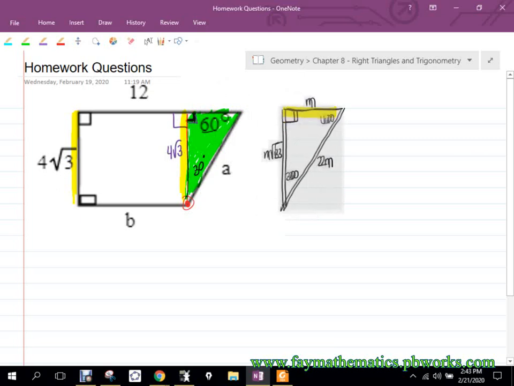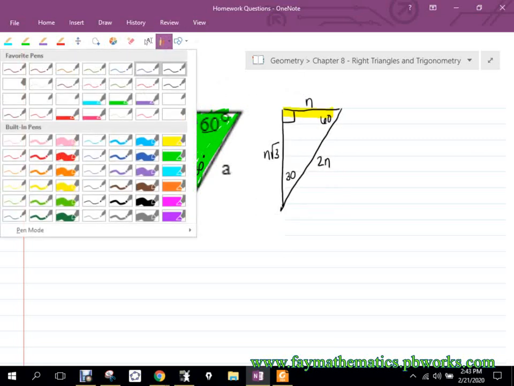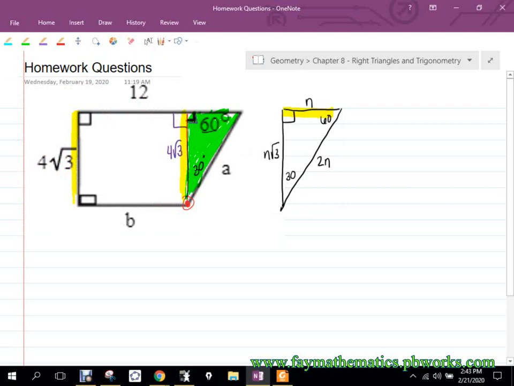So you're drawing pictures and that type of thing is going to be, I think, to be successful, a necessity. But we see that and that match. So if I drew this triangle so that it was congruent to that one, and that means by CPCTC, the n radical 3 side should equal the 4 radical 3 side. And I generate that little equation.